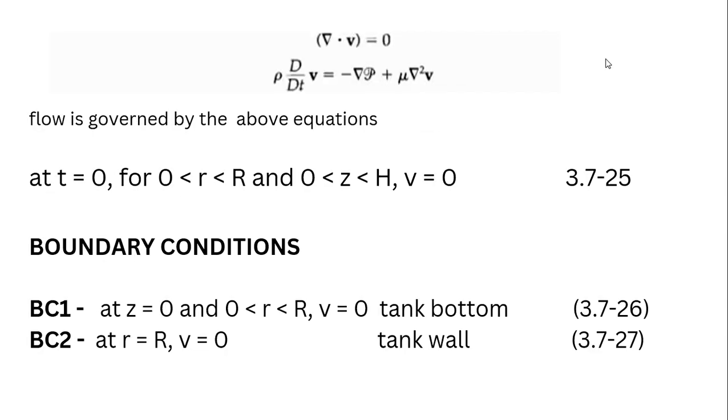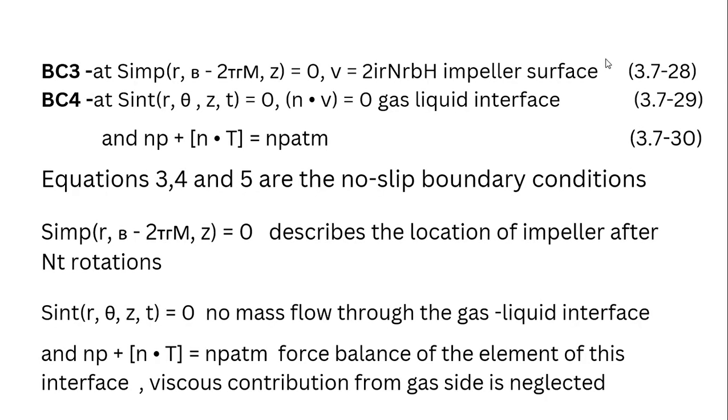So as we can see over here, the boundary conditions. The first boundary condition is at the bottom of the tank, that velocity is equal to 0 at z equal to 0, and boundary condition 2 at the tank wall, that velocity is equal to 0 at r equal to capital R, and boundary condition 3 at the impeller surface is the no slip condition, where fluid velocity equals the impeller surface velocity.